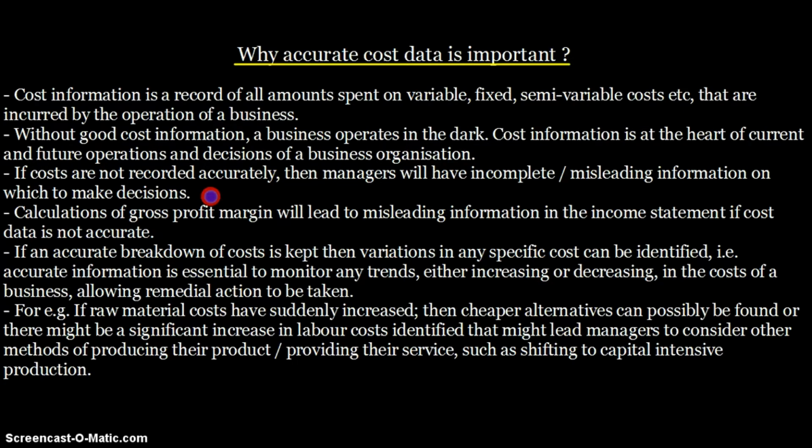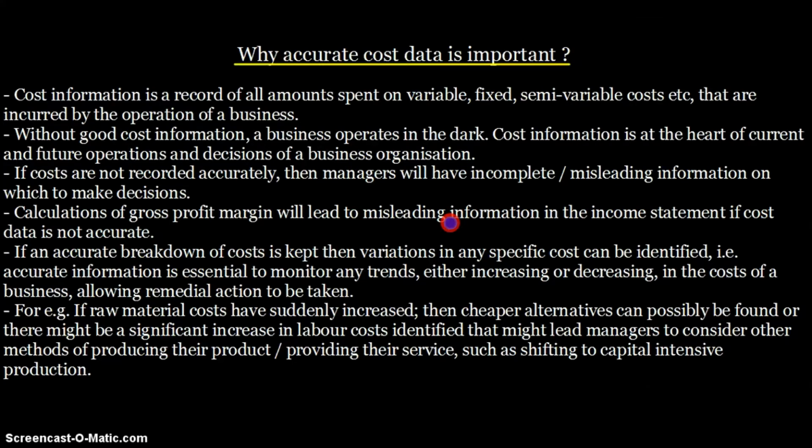If costs are not recorded accurately, then managers will have incomplete or misleading information on which to make decisions. Of course, if you use incomplete or misleading information, then you're going to end up making wrong decisions as well. Calculations of gross profit margin will lead to misleading information in the income statement if cost data is not accurate.